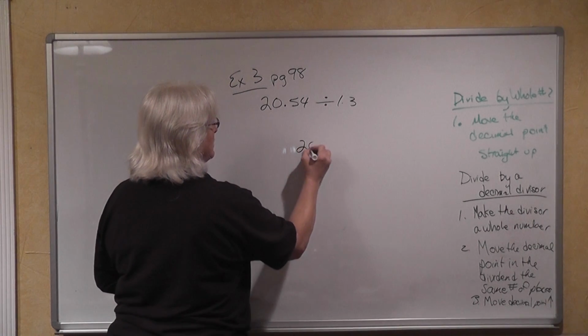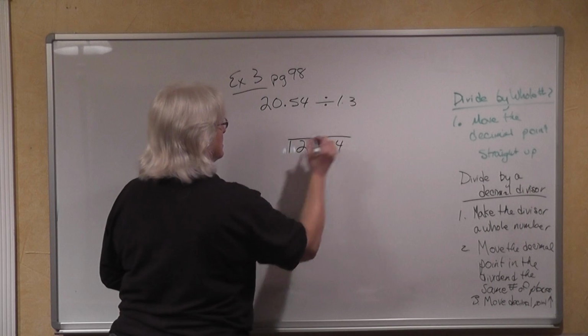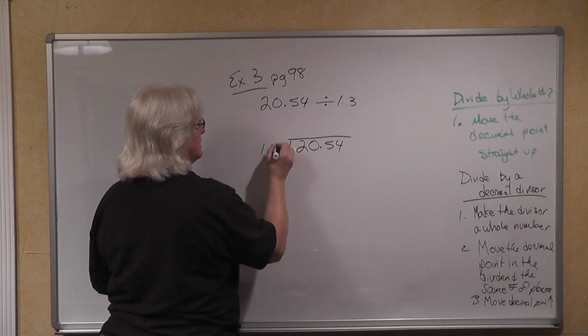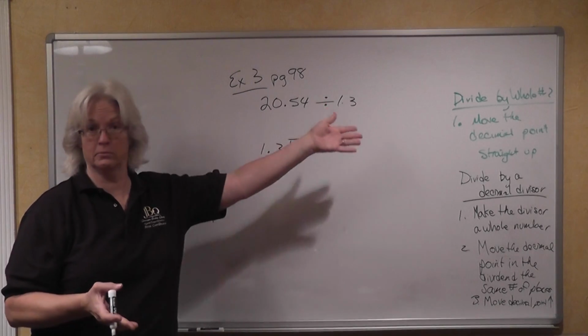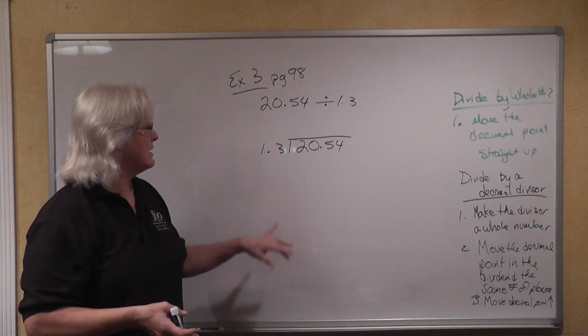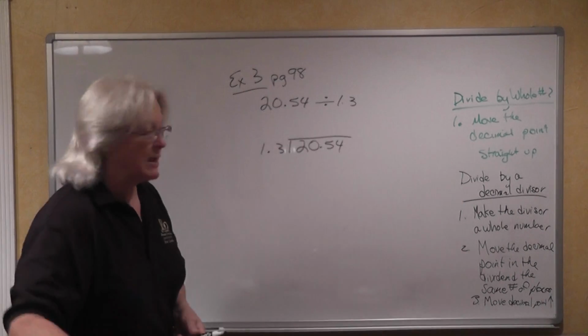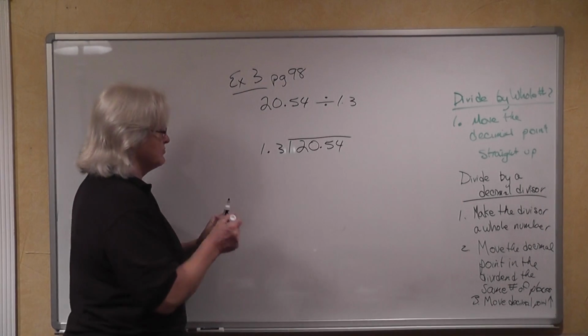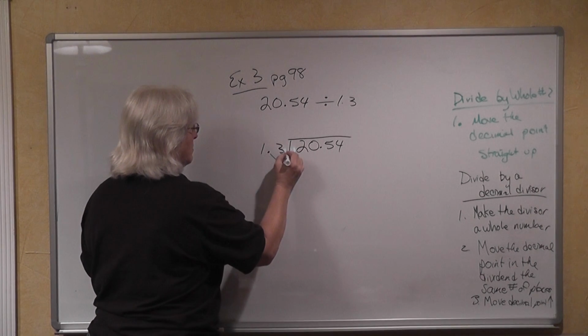So we have 20.54 divided by 1.3. What does our rule say? It says make the divisor, the number outside this box, a whole number by moving the decimal point one space at a time the whole way to the right.